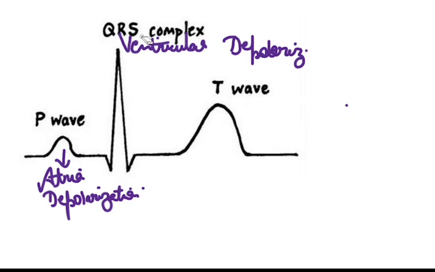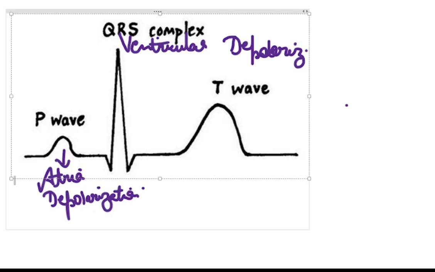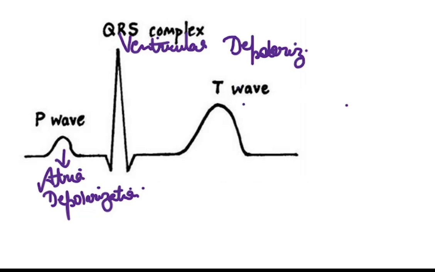QRS shows the ventricular depolarization, and the T wave shows the ventricular repolarization.